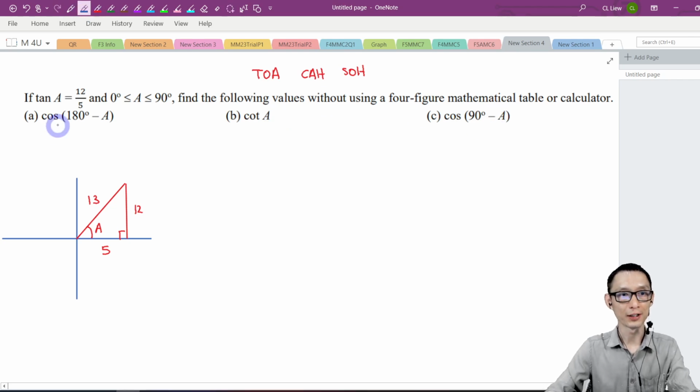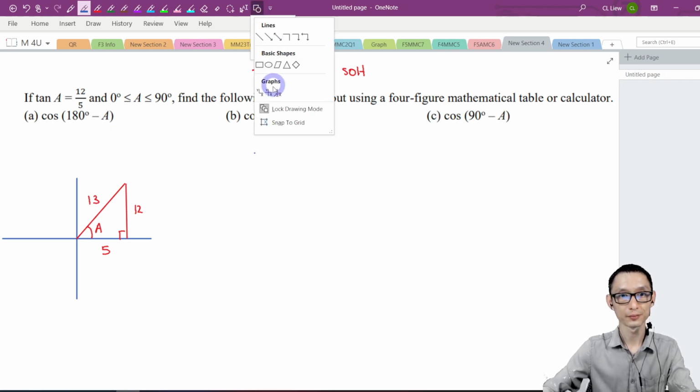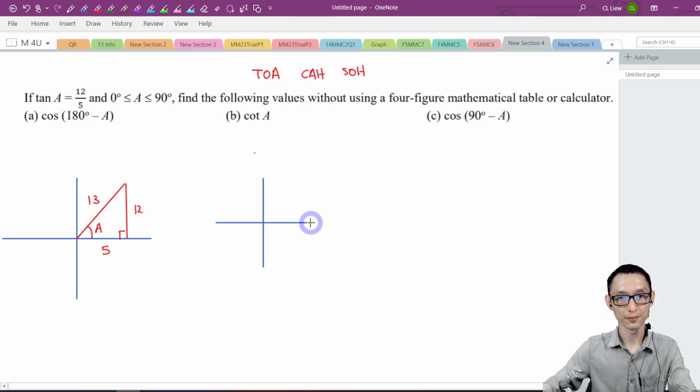Now let's look at part A. We want to find the cosine of 180 degrees minus A. So let me sketch another diagram for you. This is A, so this is also A. How about here?